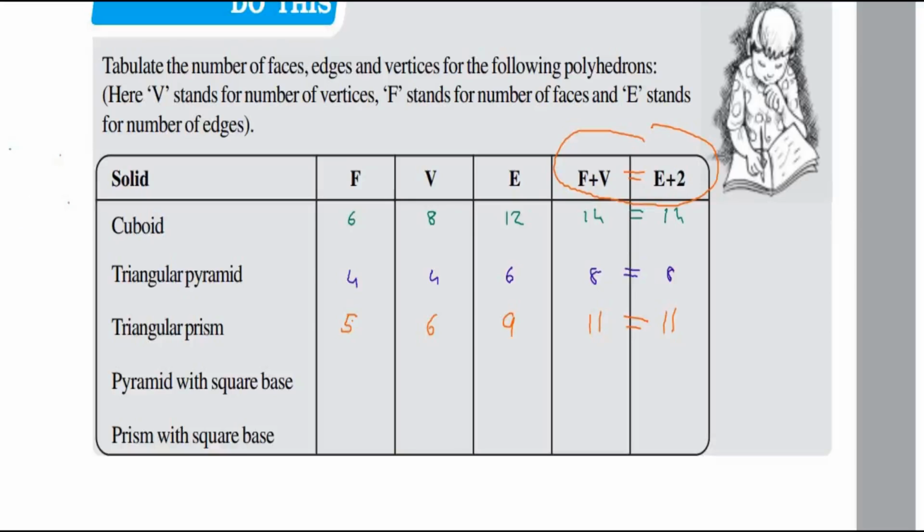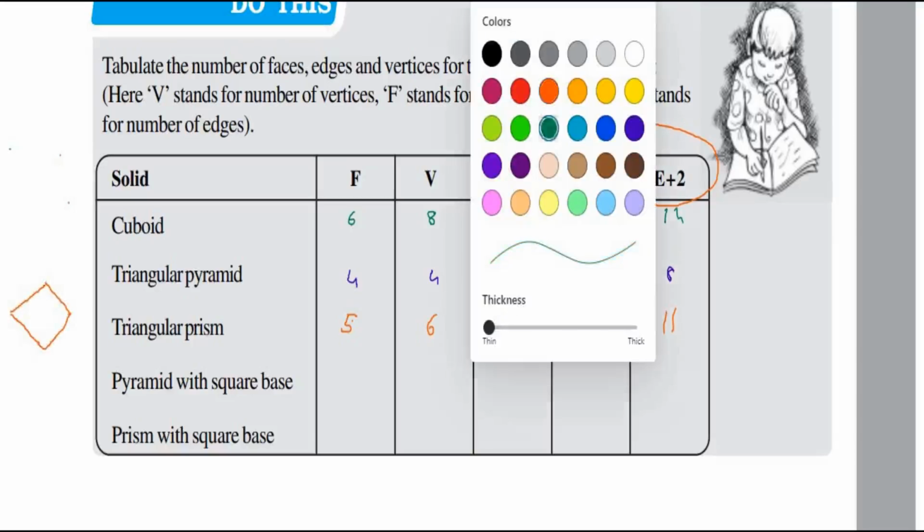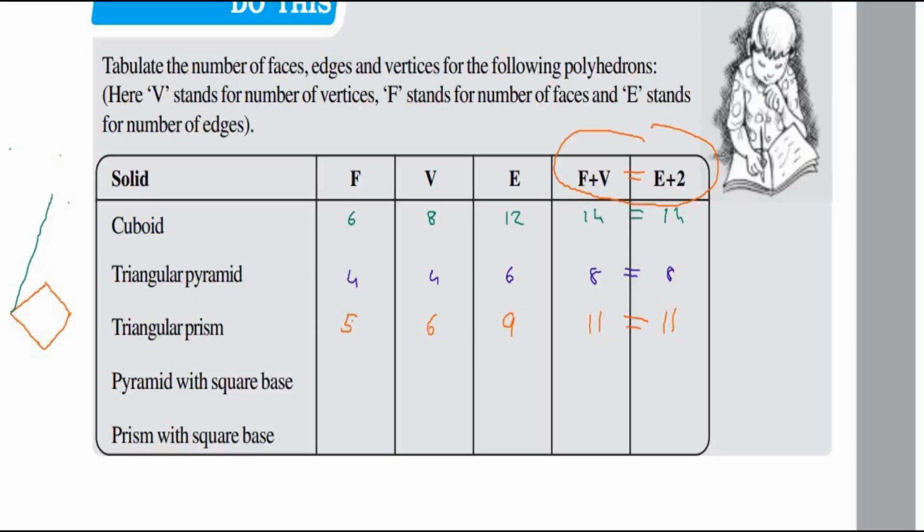We have a pyramid with a square base. Pyramid, square base. How will it be? Okay, we have a square base. So let's take a square base, and then let's draw the pyramid. So pyramid means sharp edge, na?